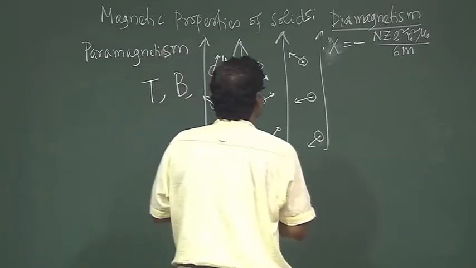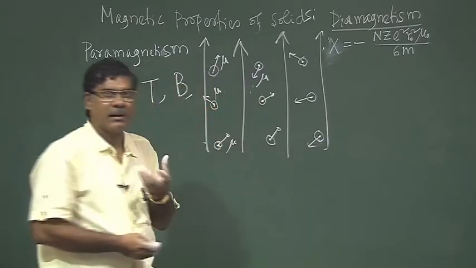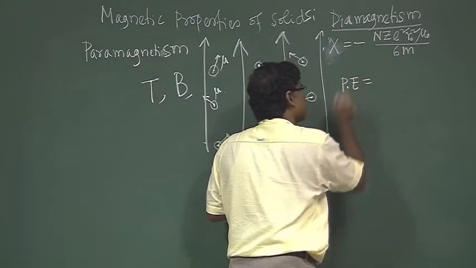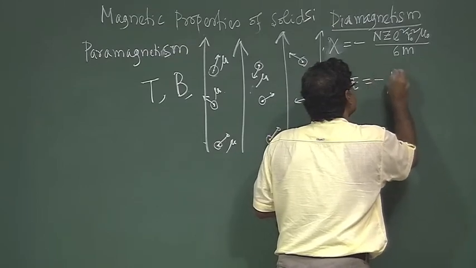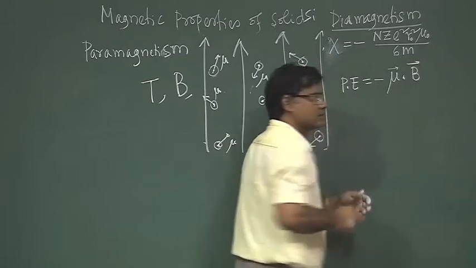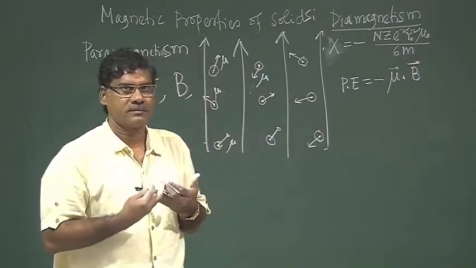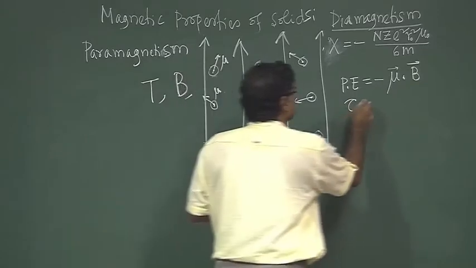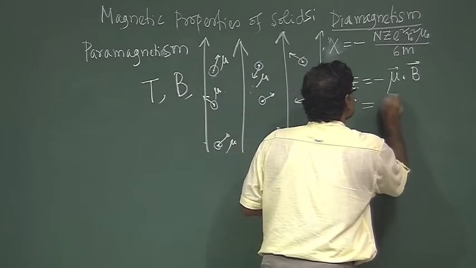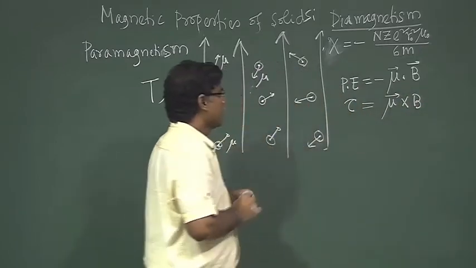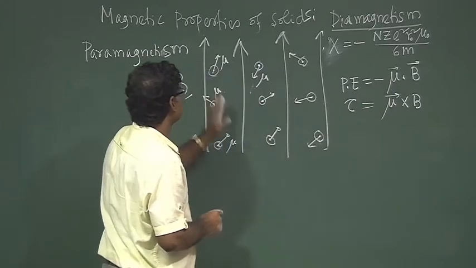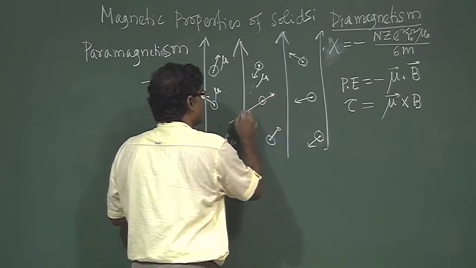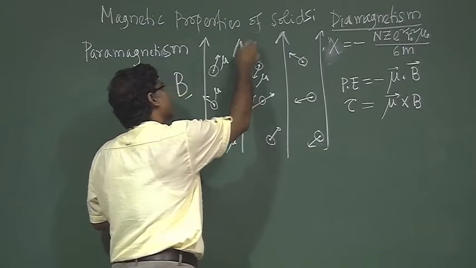You know that when it is under a magnetic field, it will have potential energy equal to minus mu dot B, and it will feel a torque, defined by mu cross B. Now if I take just one dipole moment, it makes an angle theta with the direction of the magnetic field.